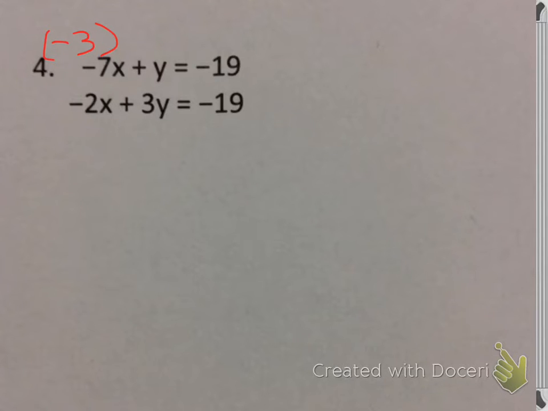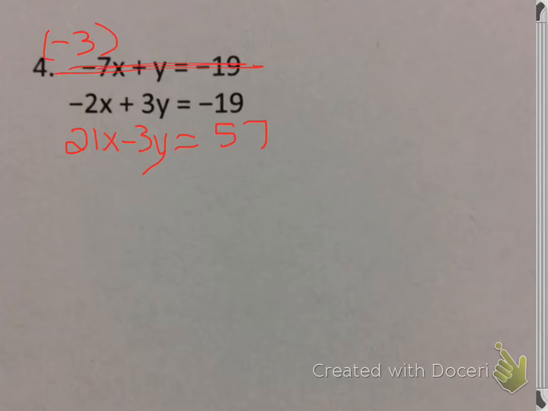So negative 3 times negative 7 is a positive 21x. Negative 3 times y is a negative 3y. And a negative 3 times a negative 19 is a positive 57.